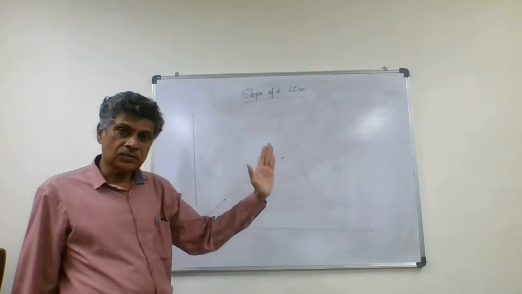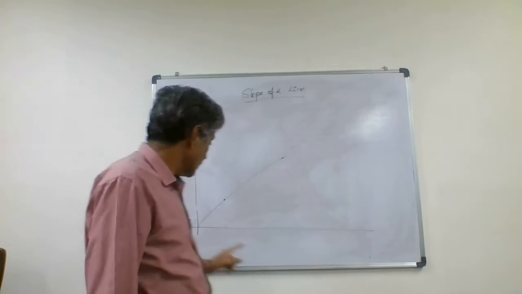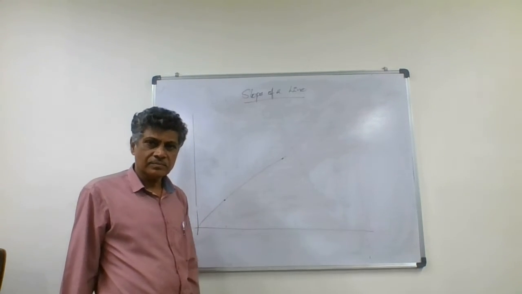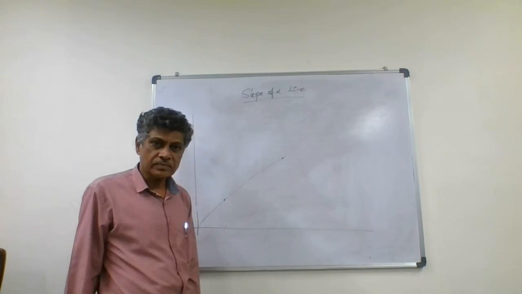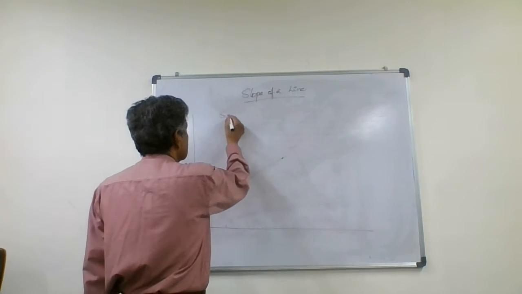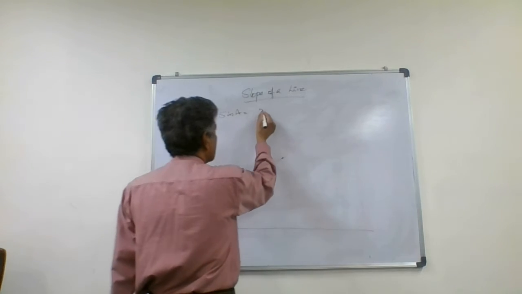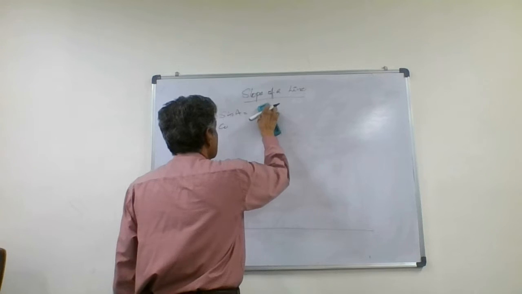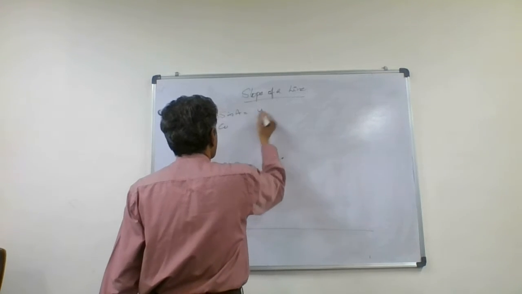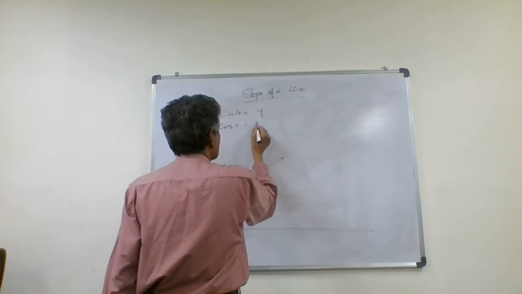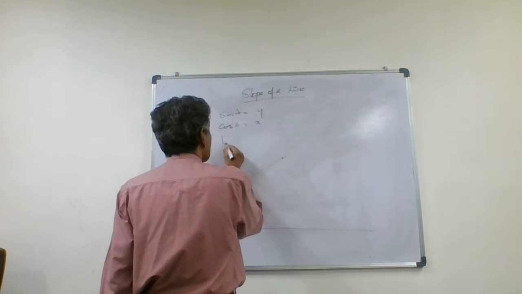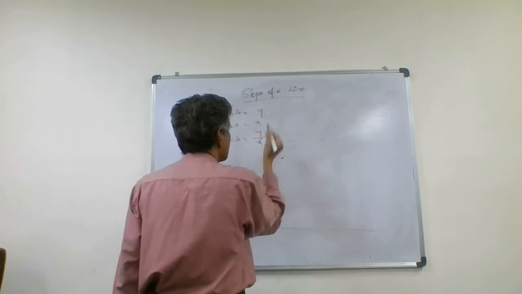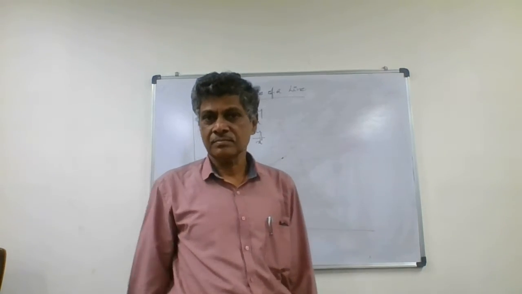In the previous classes, we discussed that x is cos theta, y is sin theta. We discussed that sin A is equal to y, cos A is equal to x, and one more thing we discussed before, tan A, tangent, is equal to y by x.